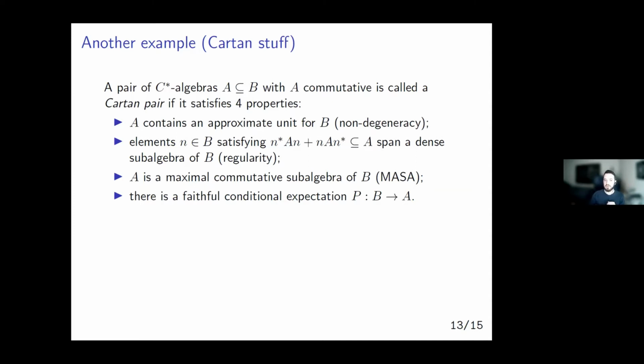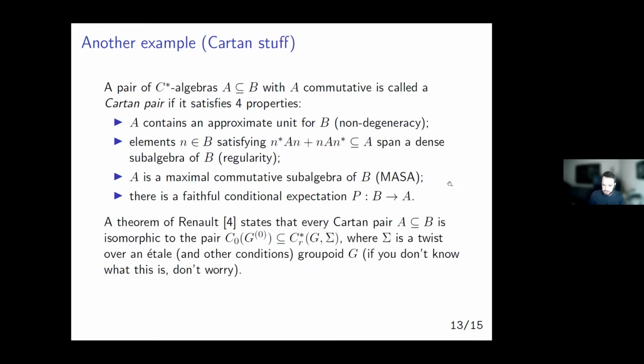There are a couple of really nice properties that these kinds of maps have. It's a completely positive contractive linear mapping. There are a couple of other things in there that you want, this faithfulness condition, etc. But if you don't know what this is from the get-go, just picture I'm projecting onto a subspace and this subspace is A.